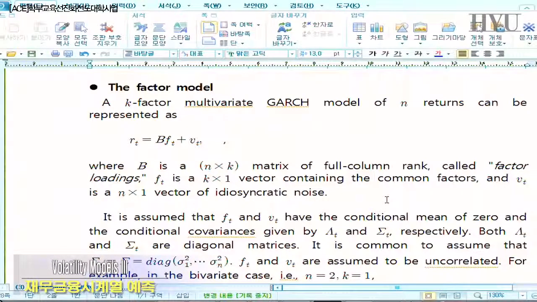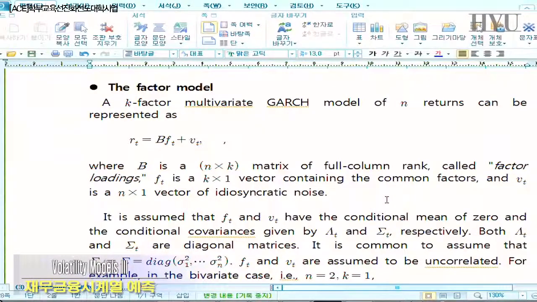And then this is what we call idiosyncratic variation, the residual vector. So think of it this way. Suppose the first variable is the return on Samsung Electronics stock.